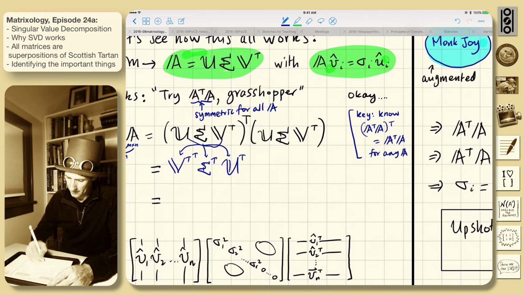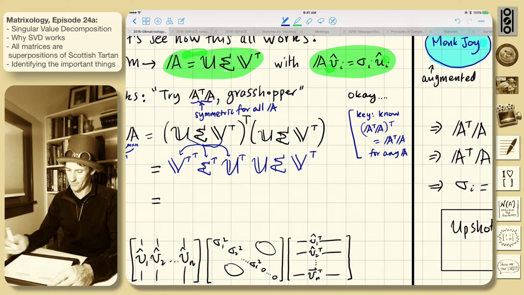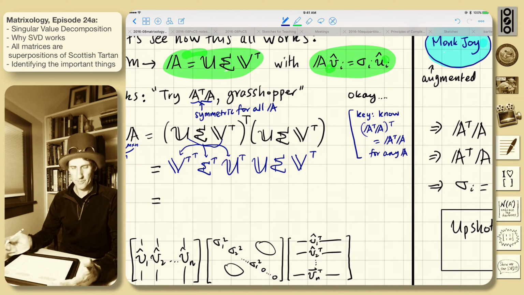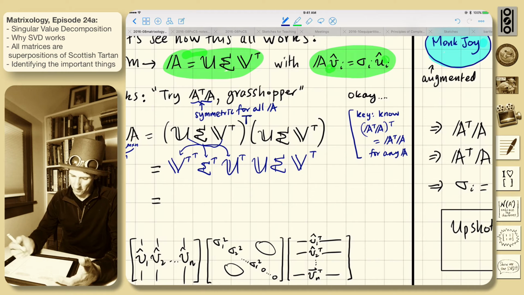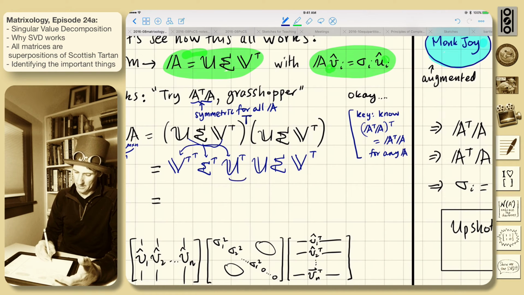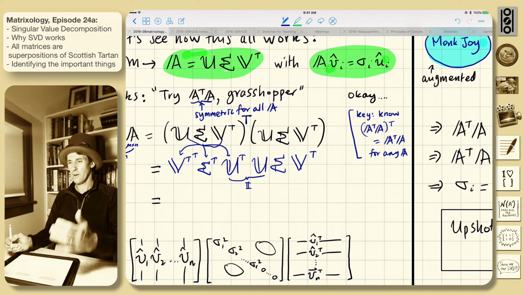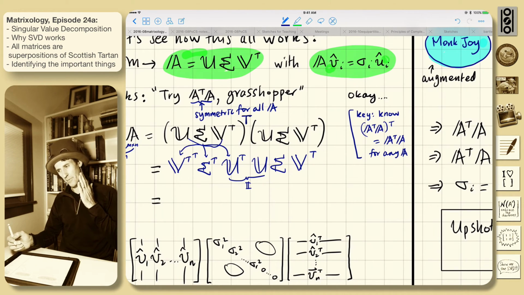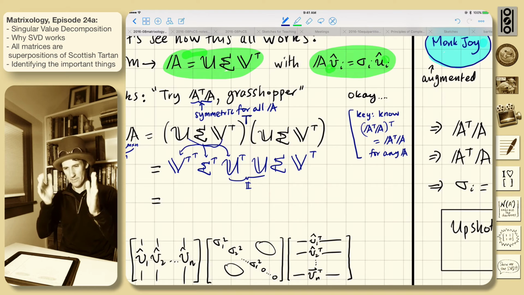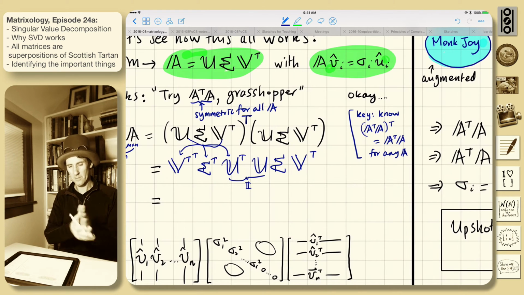U transpose. And here we just have U, sigma, V transpose, right? Yep, so this big transpose here did the work. And then this is the identity, right? Because U is made up of unit vectors.